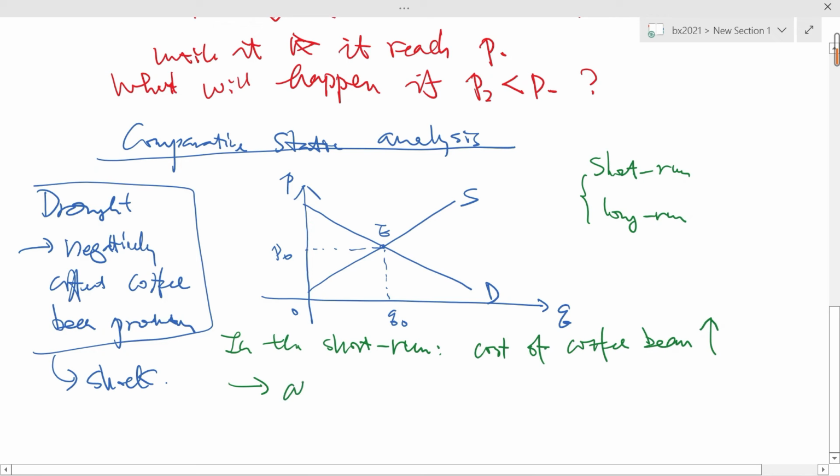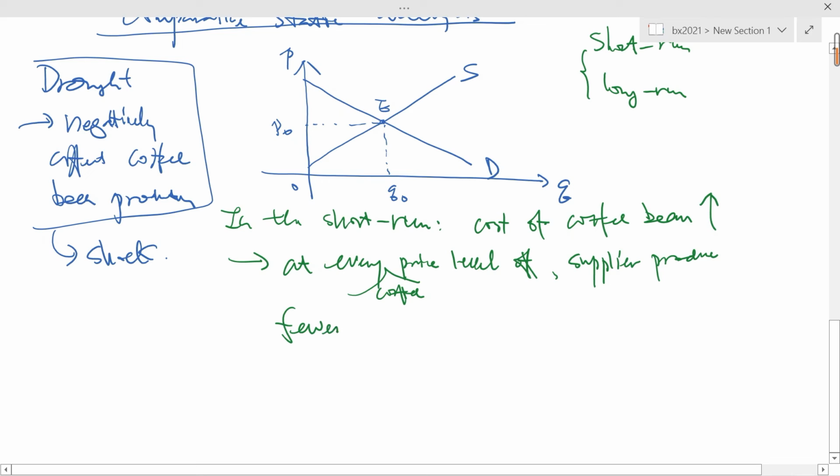So this means that at every coffee price level, producers or suppliers will produce less coffee because it's more expensive.